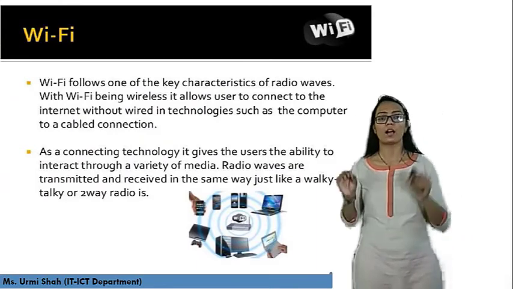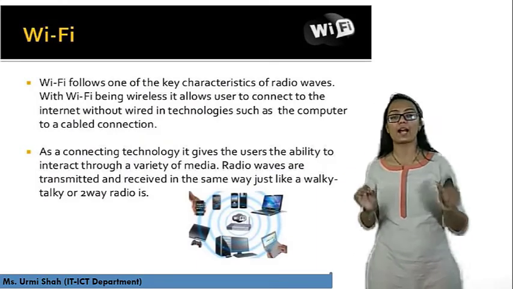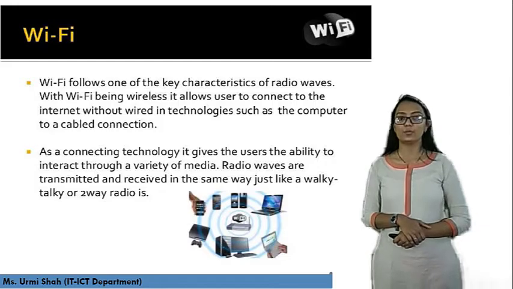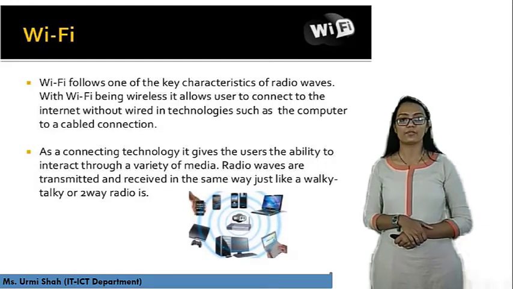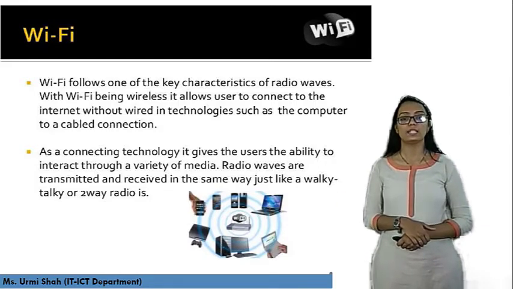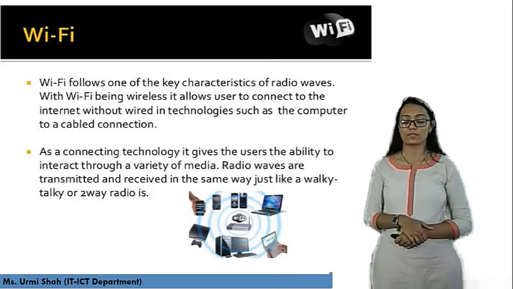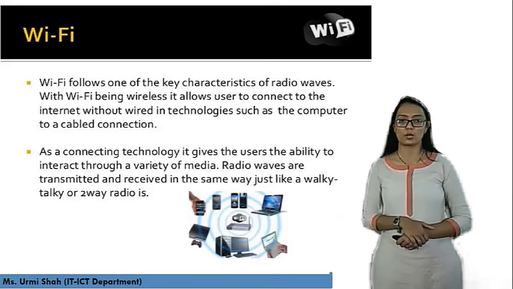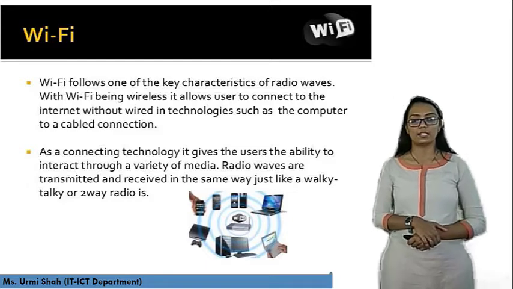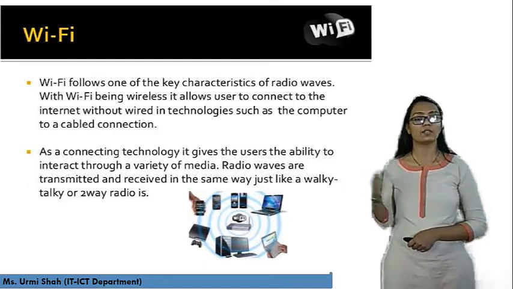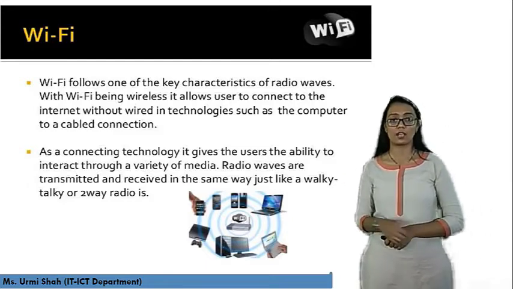Again, Wi-Fi, a most important requirement for any human being in today's life. Wi-Fi follows one of the key characteristics of radio waves. Nowadays railway stations also have Wi-Fi connectivity. No place is left where there won't be any Wi-Fi connection.